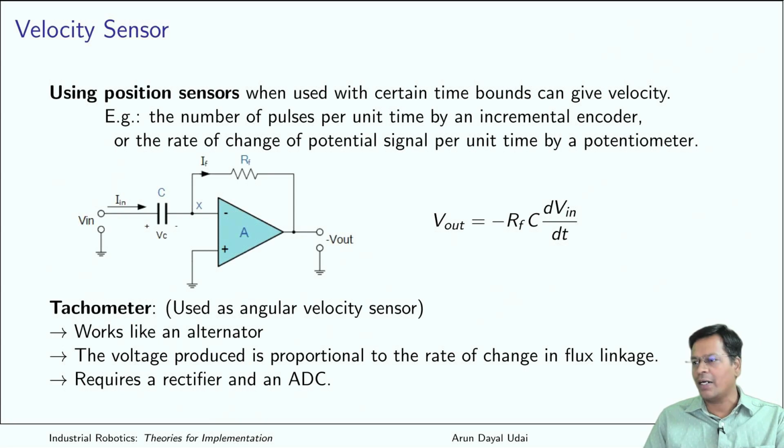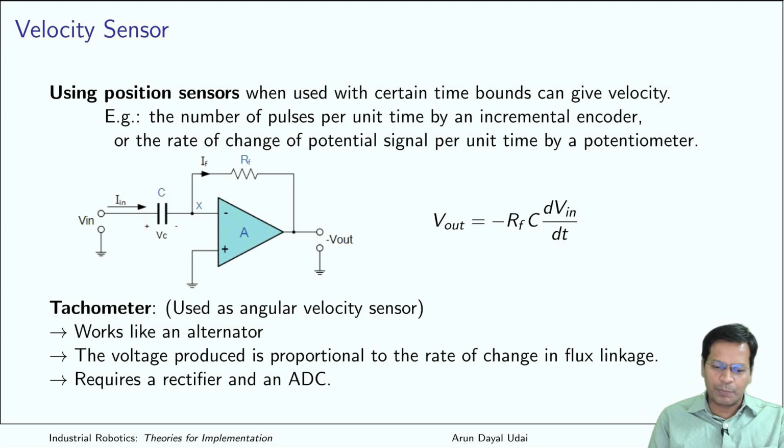Moving ahead, a tachometer can be used as an angular velocity sensor also. What is a tachometer? It is nothing but a simple alternator. The voltage output from an alternator is proportional to the shaft speed. If you increase the speed, your voltage will come up.